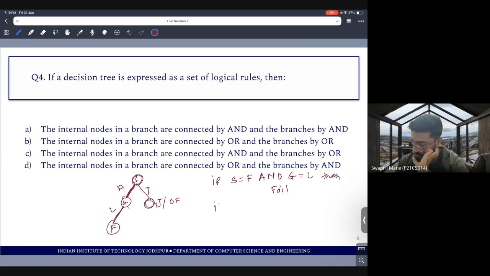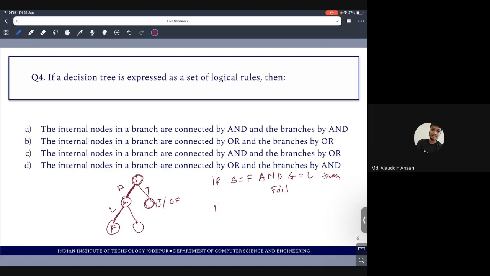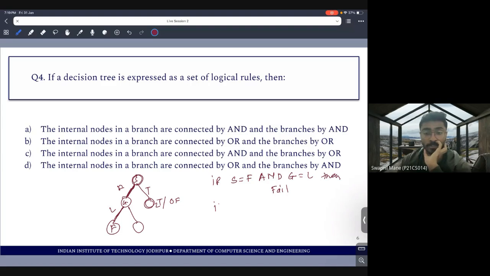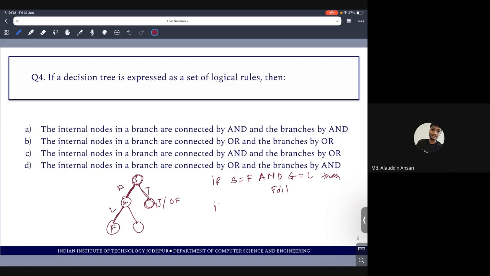Like in the beginning, it could be a false or a true in the first step. At a time both the options are not there, right? Just as we went for S equals false, we can also go for S equals true. So that is OR, where we choose between the branches.